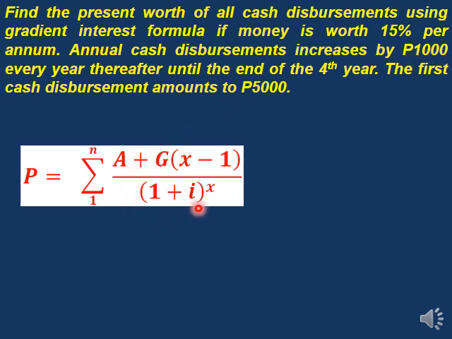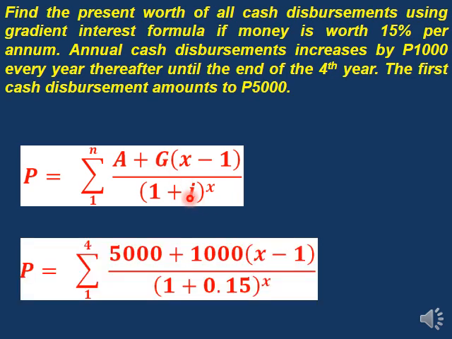So we have already a complete value here with an interest of 15%. Our n is 4, our A is 5,000, our G is 1,000, our i is 0.15. So substituting everything into the equation, we get the present worth of the cash disbursement.